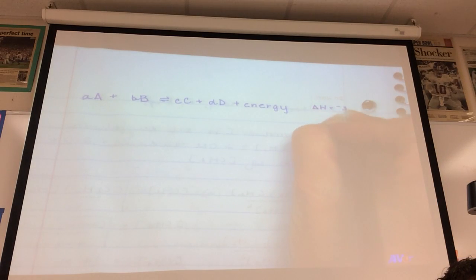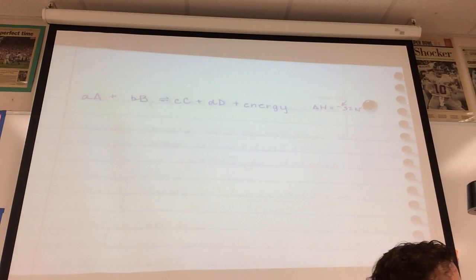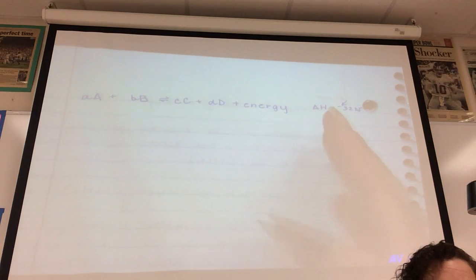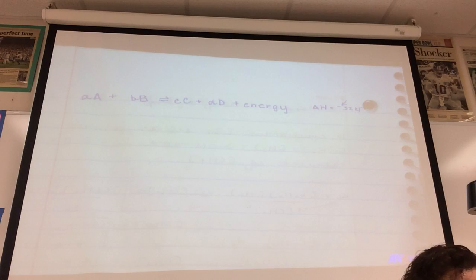It would be negative, indicative of an exothermic reaction. You already know how to write KEQ expressions. What we want to look at here is what happens to this equilibrium system when we apply a stress, whether it be temperature, pressure, volume, concentration.